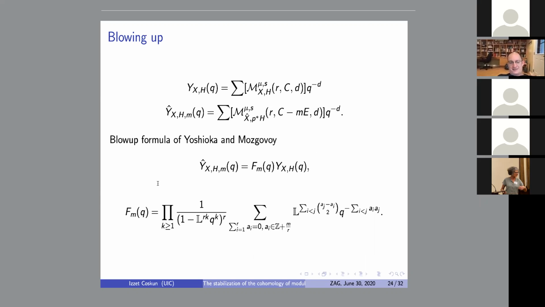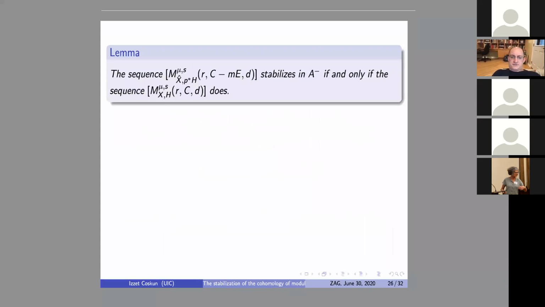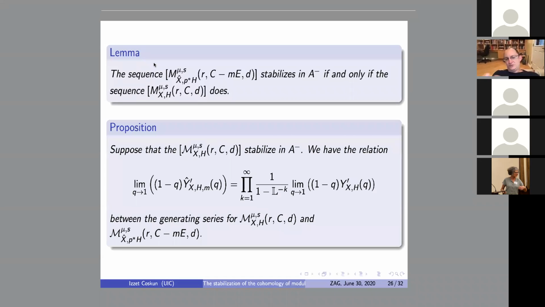And this correction factor has some form. Again, it doesn't matter what these forms are, there's some work to show some of these things, but there's some relation. Okay, and then the thing that you need to do is say that if the sequence stabilizes, you want to say what happens to the blow up in this ring and the original thing, and you need to show that the classes for the blow up one stabilize if and only if the original one does, and then you need to find the relation between them.